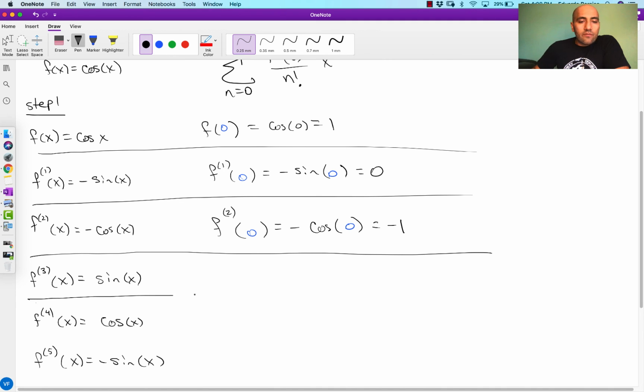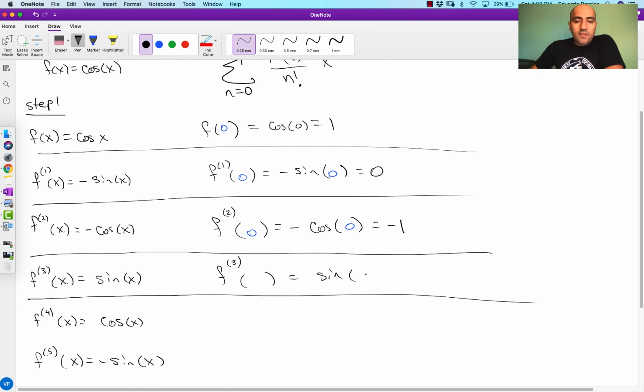Okay, the third derivative, f of 3 evaluated at 0, is going to be equal to sine of, and then this is evaluated at 0. So that's just going to give us a 0.